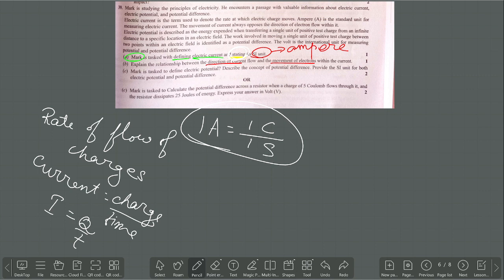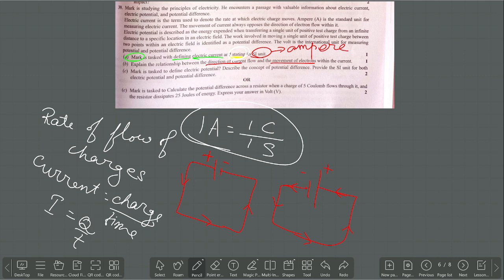Clear? So we all know that conventional current will move from higher potential towards the lower potential, whereas the electronic current will move from lower potential towards the higher potential. Lower potential is called the negative terminal, and higher potential is called the positive terminal.